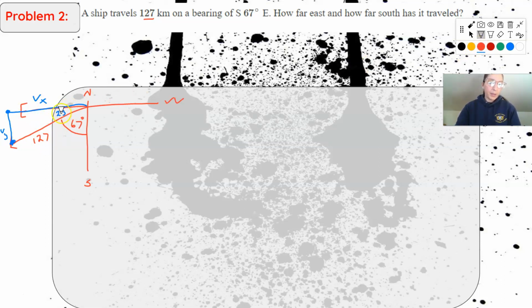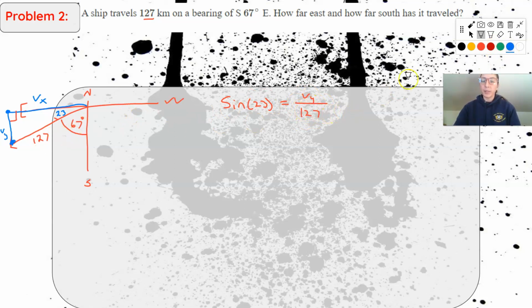Let's do the vertical again, so let's find v sub y. From this angle, v sub y is opposite, and 127 is the hypotenuse. Let me draw the right triangle here so you can see what I'm doing. Here's our angle, opposite and hypotenuse, so we're going to use sine again. The sine of 23 equals opposite over hypotenuse.